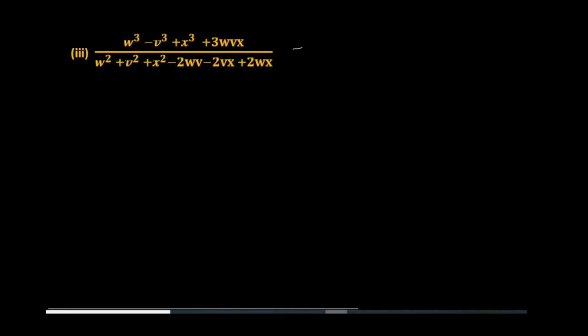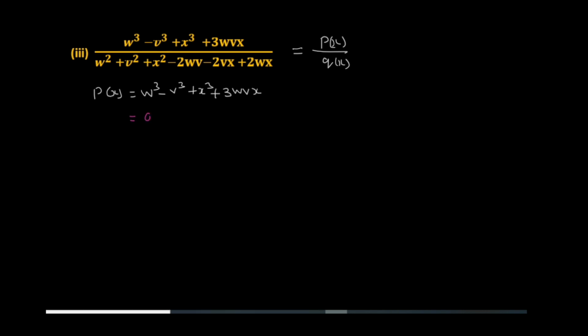So here our rational expression is p of x divided by q of x. P of x is nothing but w cube minus v cube plus x cube plus 3wvx. This is in the form of a cube plus b cube plus c cube minus 3abc.